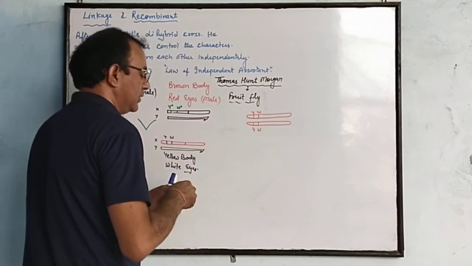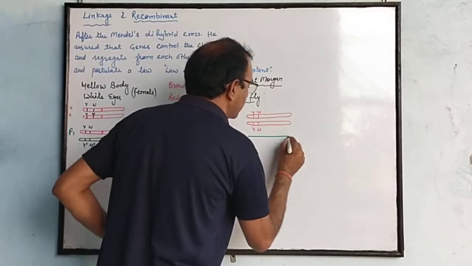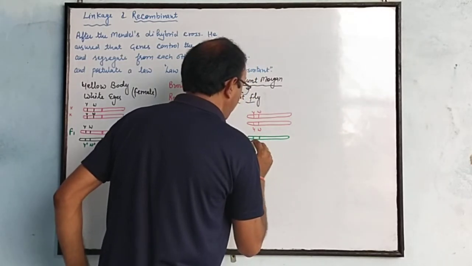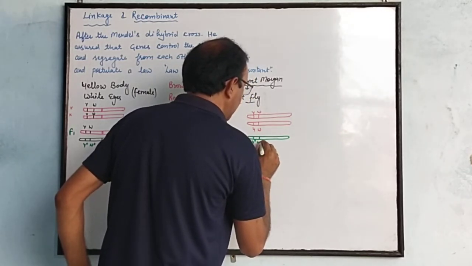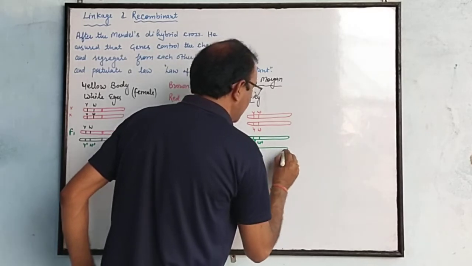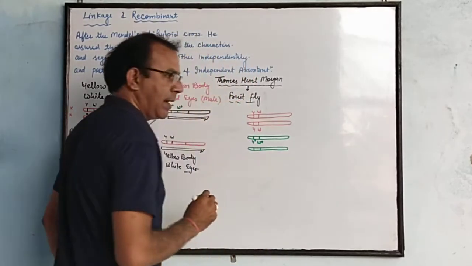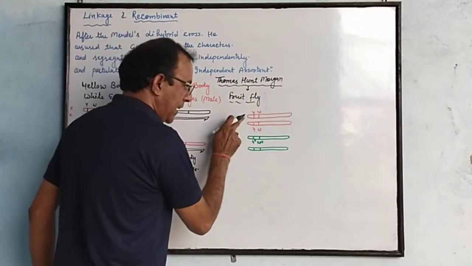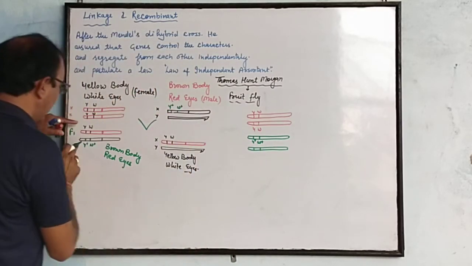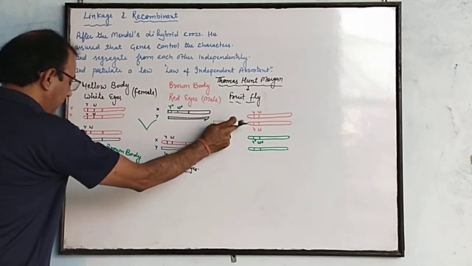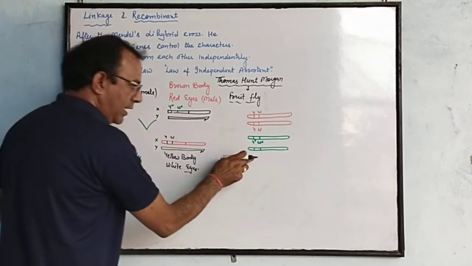You can represent it with a different color. Y plus W plus. Again, during replication, it makes this copy. This one is also, we have taken one pair of chromosomes. It makes its copy double. It also makes its copy double.